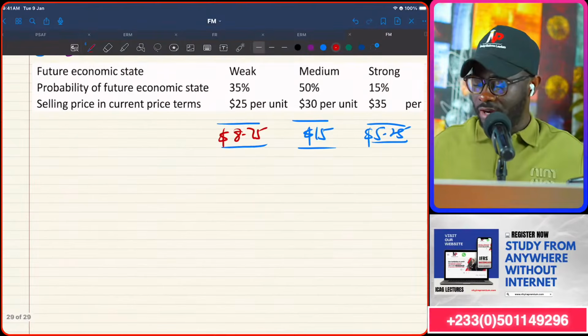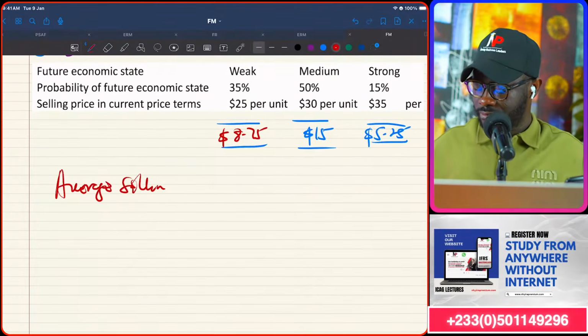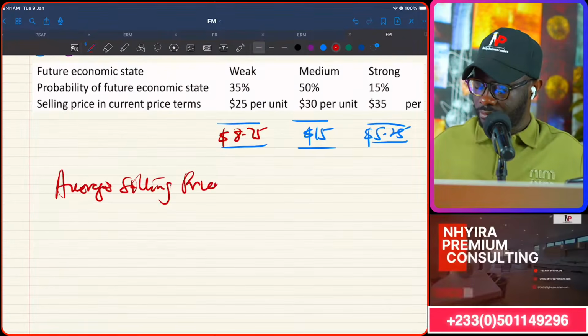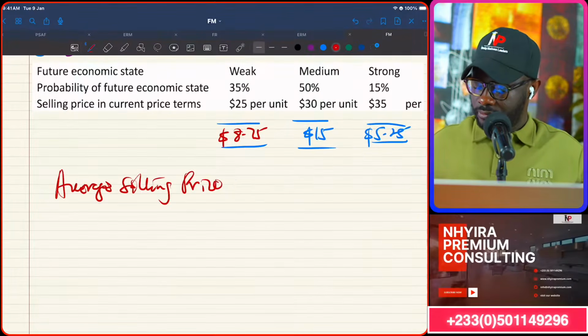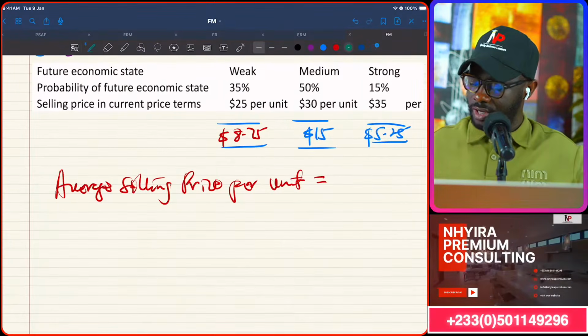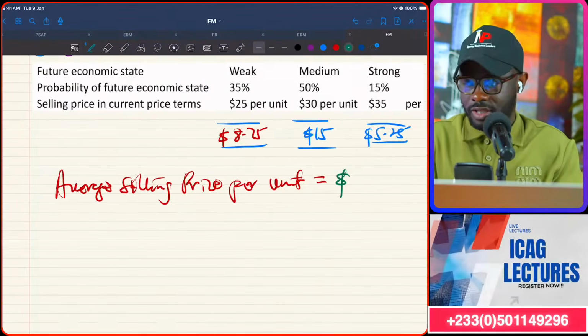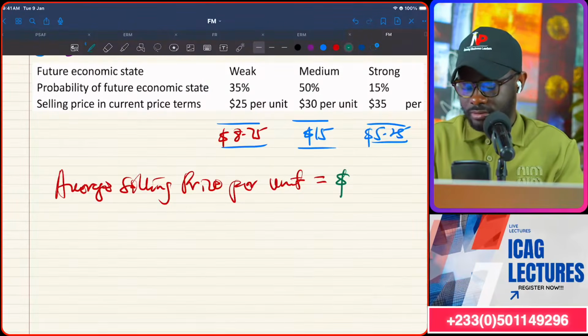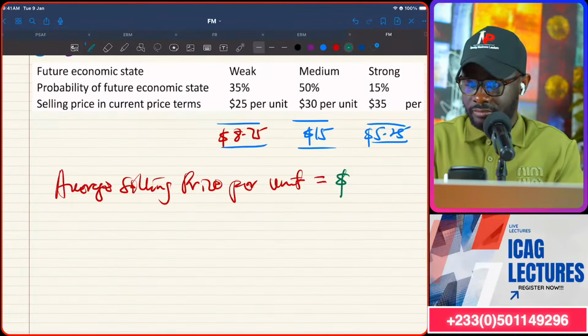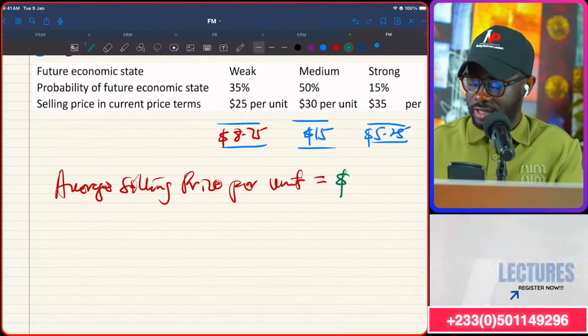So our average selling price per unit is going to be the addition of the 3. So 5.25 plus 15 plus 8.75. And that is giving me $29 per unit.